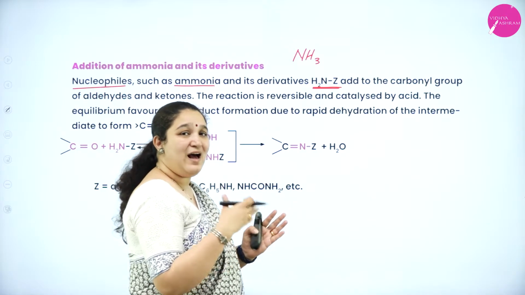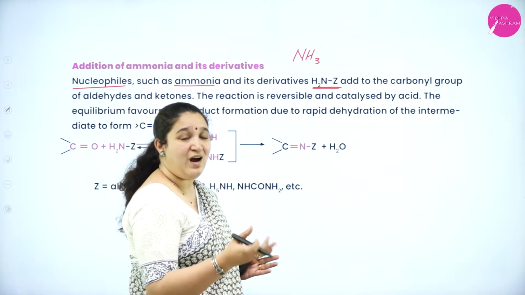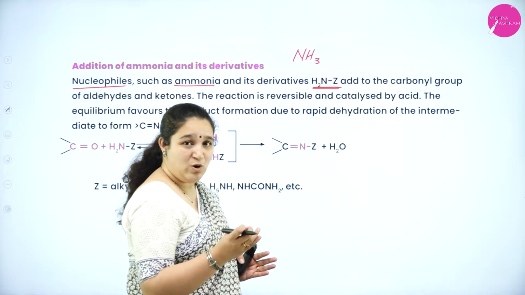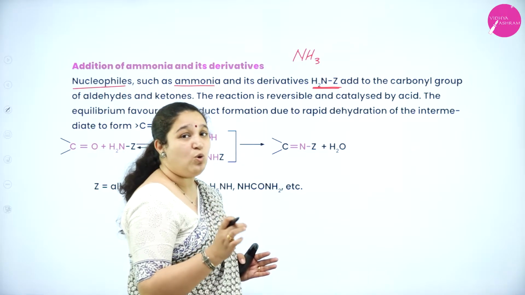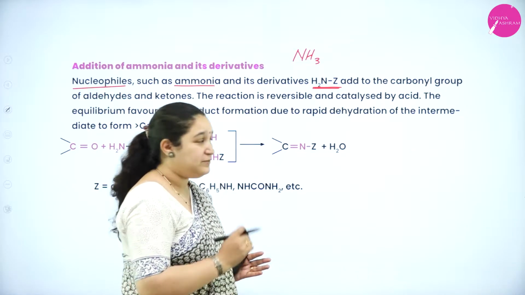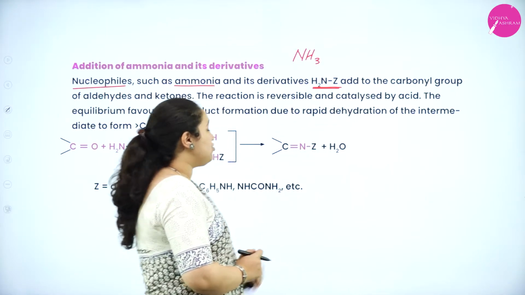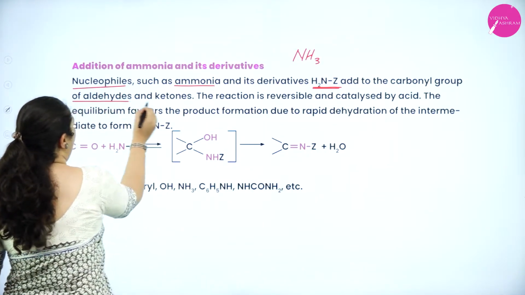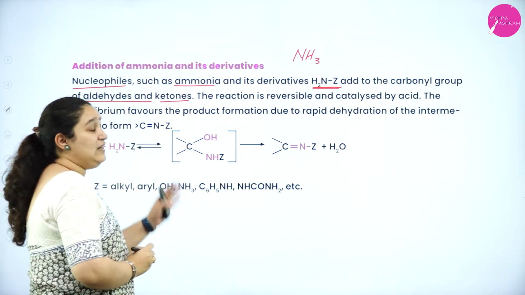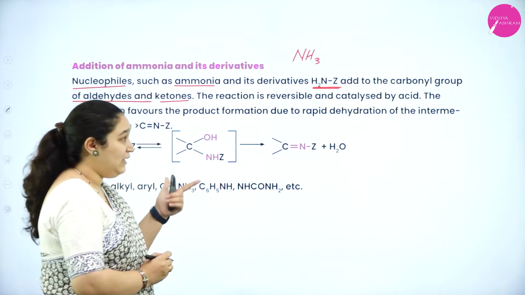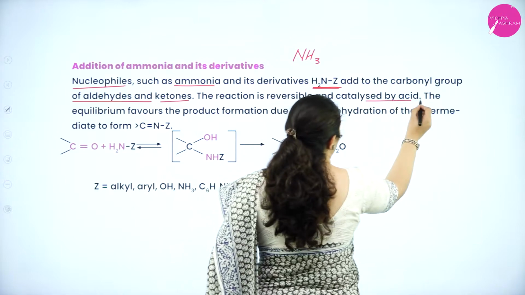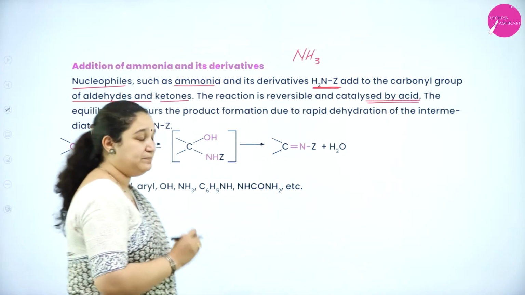Ammonia as well as derivatives of ammonia are nucleophiles because nitrogen has a lone pair of electrons, correct? This adds to the carbonyl of aldehydes and ketones. This reaction is reversible and it is catalyzed by acid, okay?